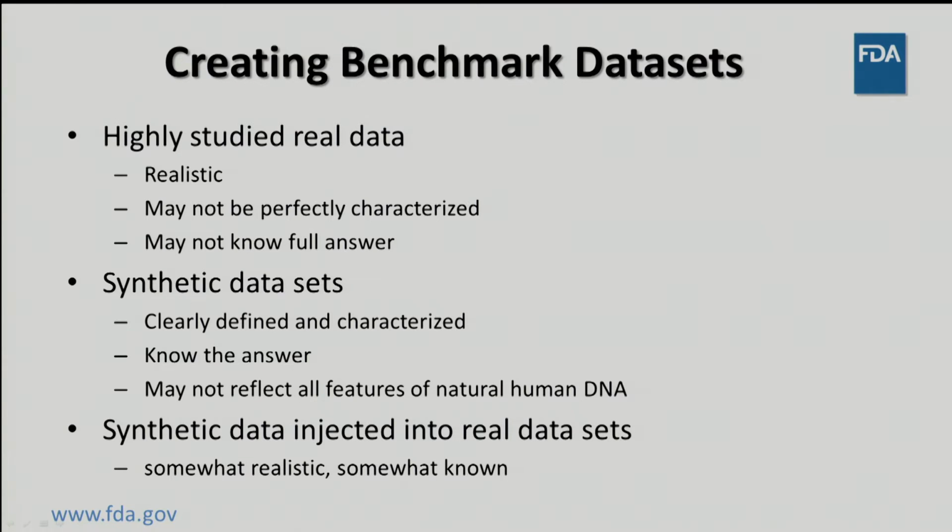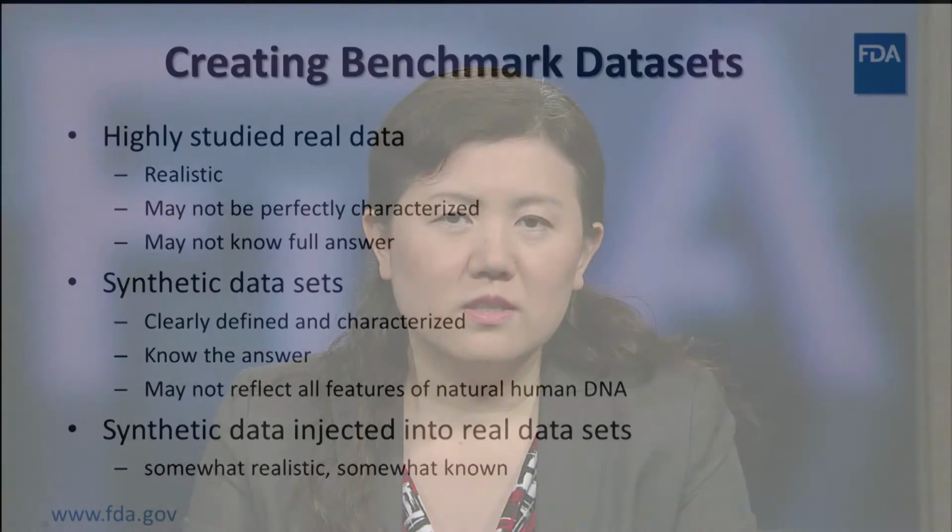Conversely, the community is using hybrid methods that inject synthetic variations into natural sequences. This method is somewhat realistic and somewhat known, so each benchmark dataset has both strengths and weaknesses.